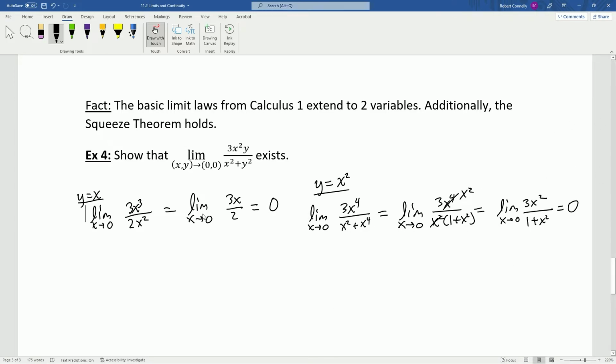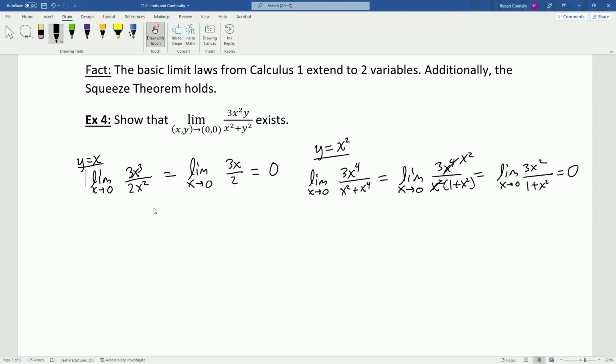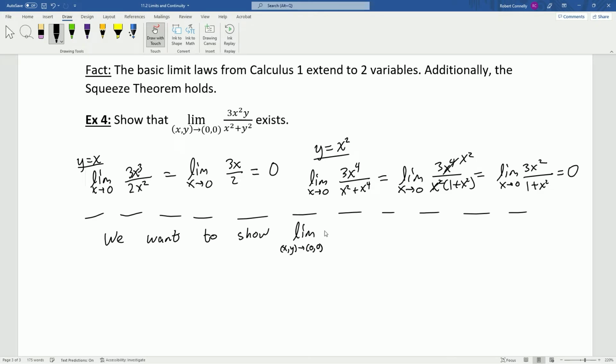So we think that the limit might be 0. So we want to check that the limit as (x, y) goes to (0, 0) of the function is 0.